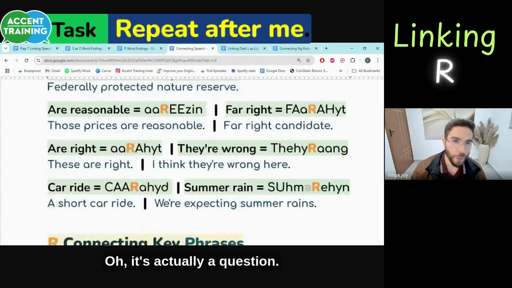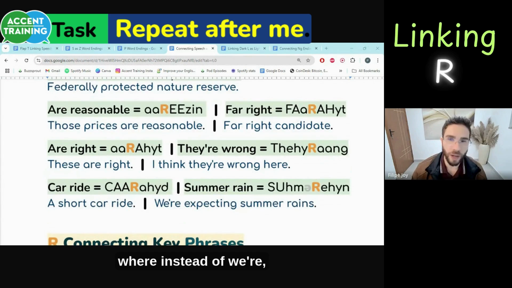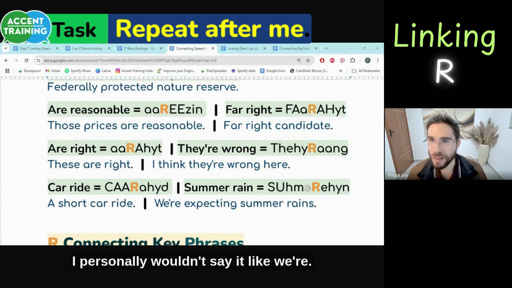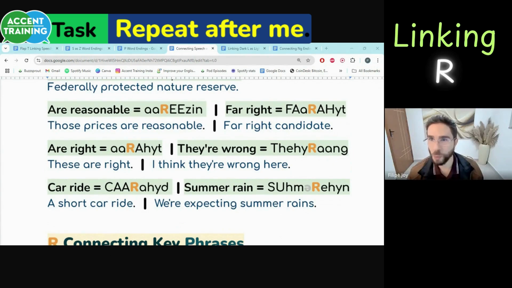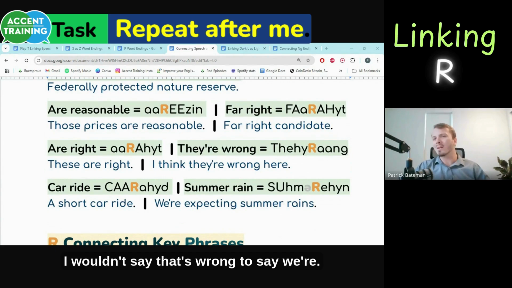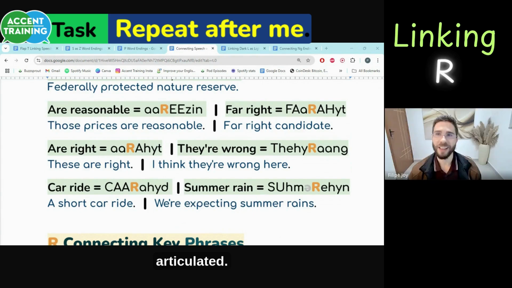And Felipe, you want to take on either of those? Oh, it's actually a question. I couldn't help but notice you said "where" instead of "we're," and I don't think I've ever heard that before. Personally I wouldn't say it like "we're." I wouldn't say it's wrong to say "we're," I'd say it's just very well articulated.